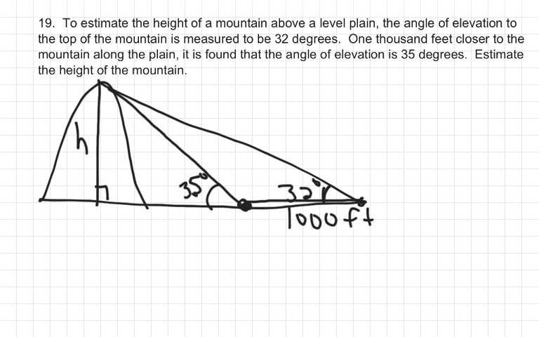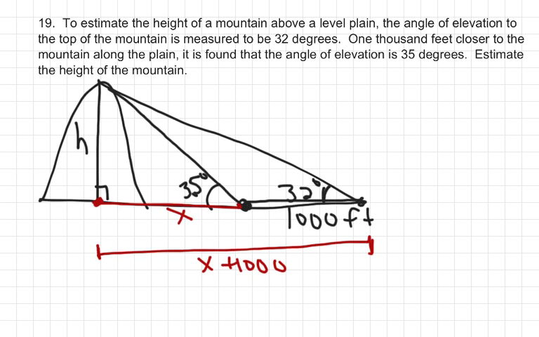So there are two triangles here, and one of the things I don't know is how far it is from the mountain to this first point. We'll call it x. So from the mountain to the end of this point here, where I took another angle of elevation, must be x plus 1,000. So we're going to set up two trig functions in order to find the height of the mountain.